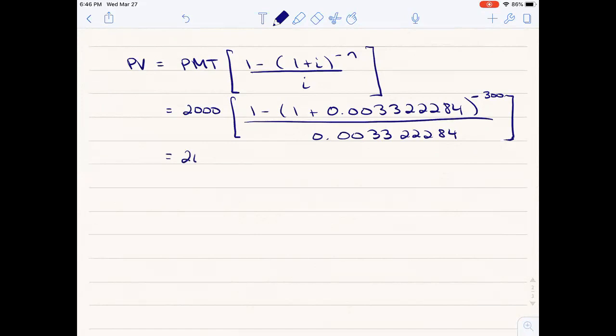I'm going to find everything in the big brackets just to save a little bit of writing here. 1 plus that to the power of negative 300, equals 1 minus that, divided by recall 1. I get 2,000 times 819.375424. Times that by 2,000.